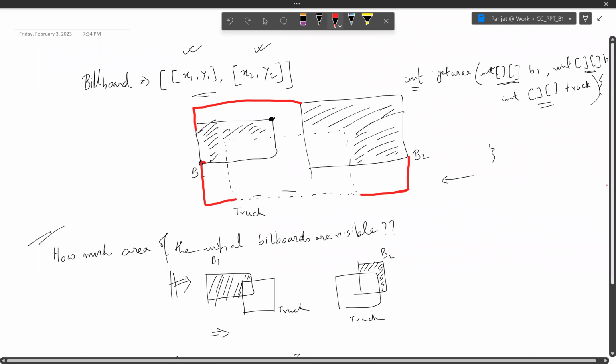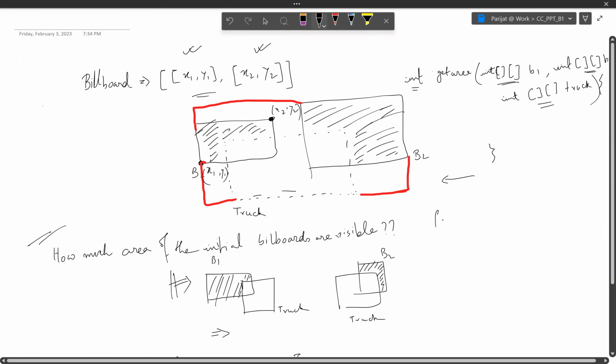First, whatever the values are for B1, you mark them as 1. And how do you do that? You know that this point is x1, y1, and the top right corner is x2, y2. This is given to you.